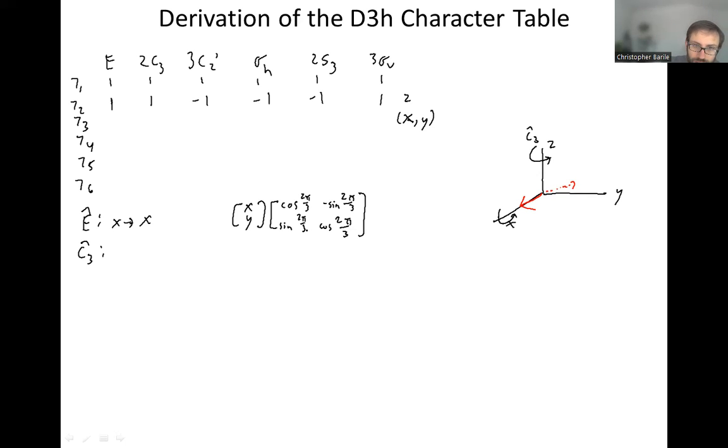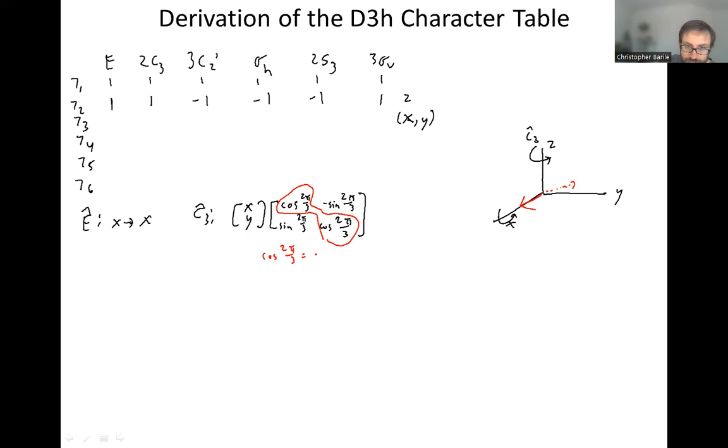What we would do here is take the trace of this matrix, and I should write my C3 up here. The trace of this matrix is cosine 2 pi over 3 twice.